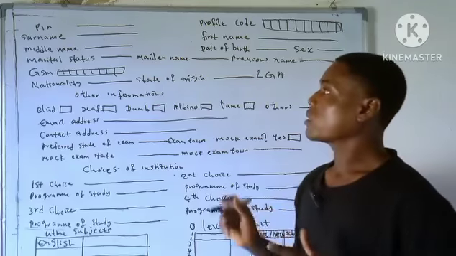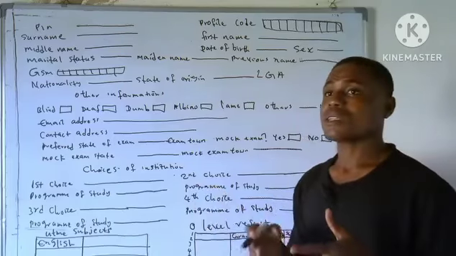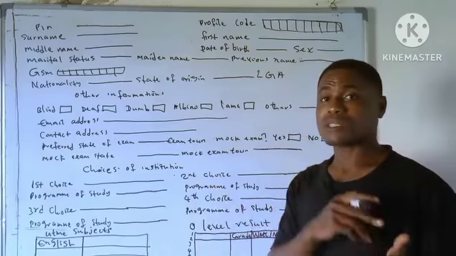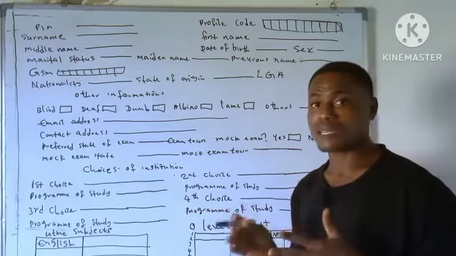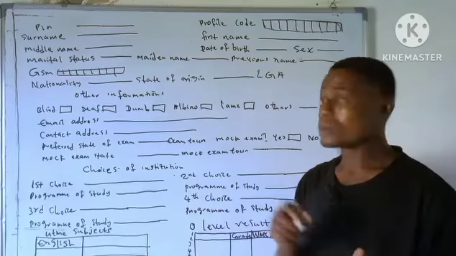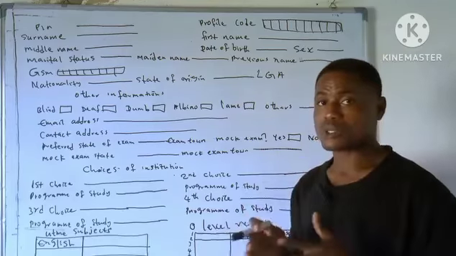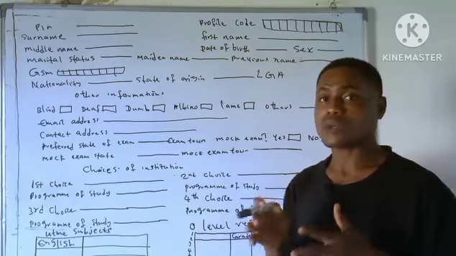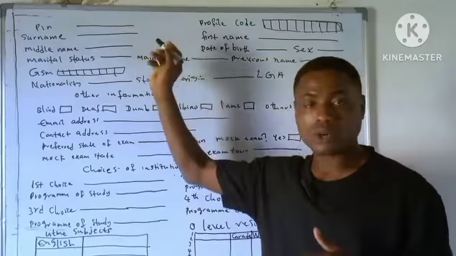Make sure the names you are putting must be the same with the names in your documents, like your O-level results, either your WAEC or your NECO. If you are using John Cletus in your WAEC or NECO results, use John Cletus to fill your form.